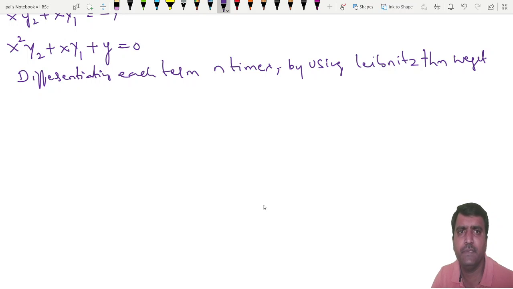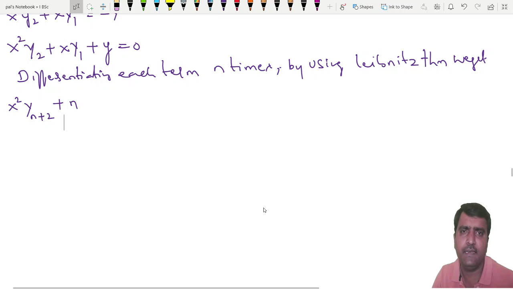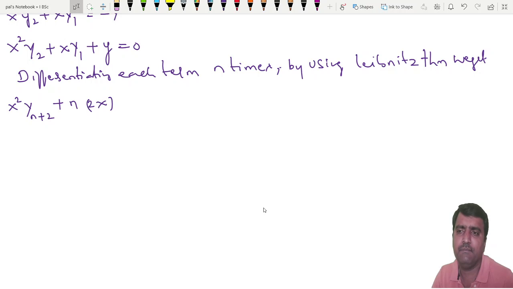I think you are familiar with using the Leibniz theorem, so it is very easy. First you take x square, a polynomial, and for y2 you apply n, so it becomes y n plus 2. In the next step you take plus n, because nC1 value is n. Next you differentiate the polynomial x square, it is 2x, and reduce one from y n plus 2, so it is y n plus 1.